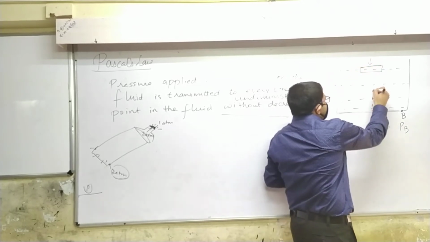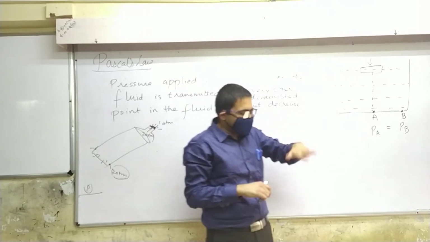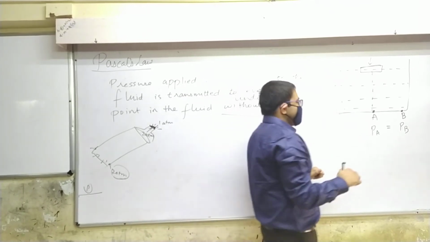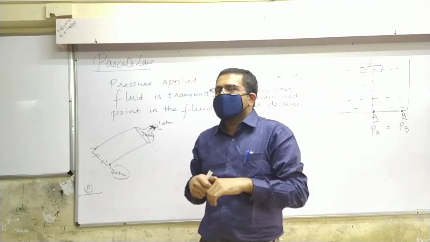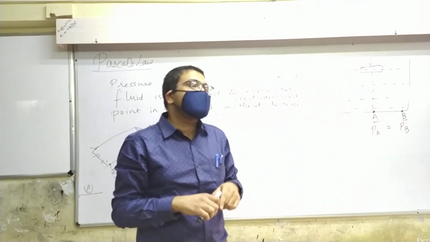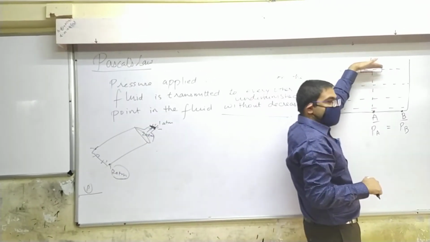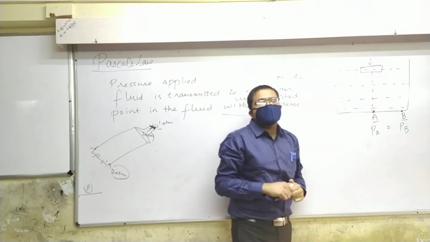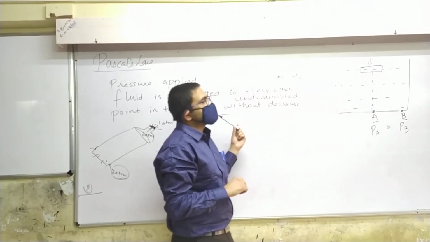And this is directly above A. So now if you press it, you have to tell me the same thing about A and B. Which pressure is more? Or are they equal? But you are pressing above A. Still equal? Yes. In fact, that's what this sentence is telling.